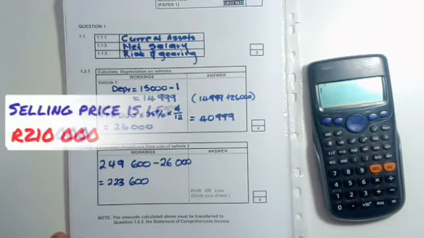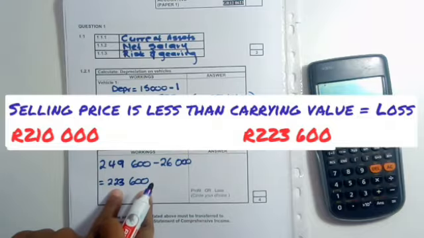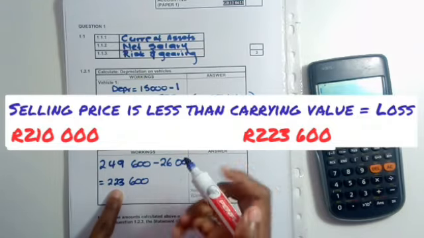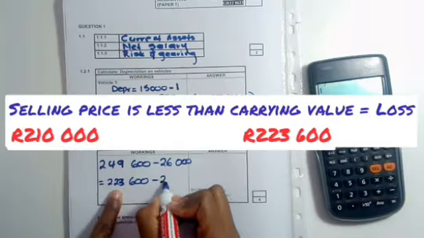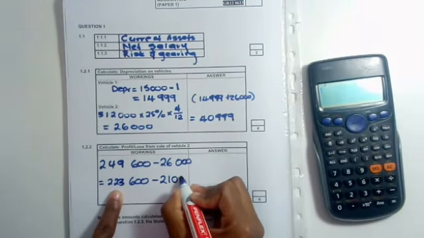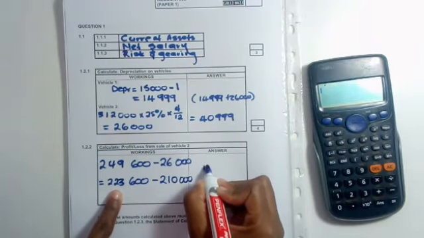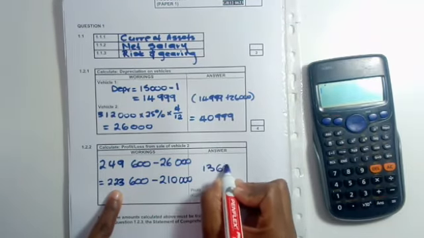Now in the information they told us how much they sold the vehicle for on 1 July 2022. They said it was sold for 210,000. So you will see that 210,000 is less than this amount. So that means that we made a loss. So how much is my loss? I'm going to take my carrying value minus the amount that I sold it for, and it gives me a loss of 13,600.